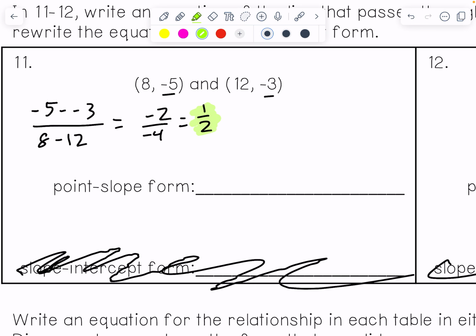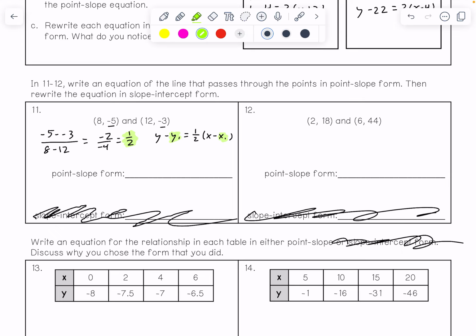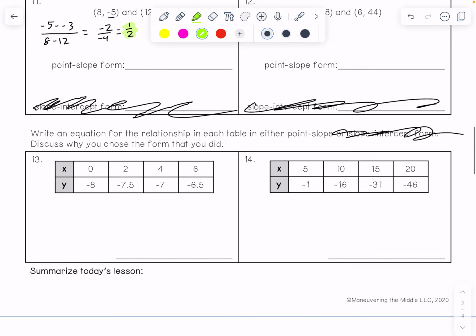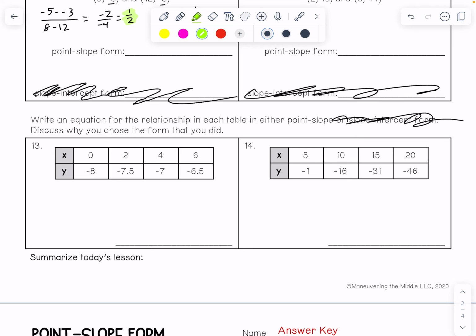Then you are going to take that and plug it into a formula like this. To finish this problem, all you have to do is figure out what goes in y1 and figure out what goes in x1.